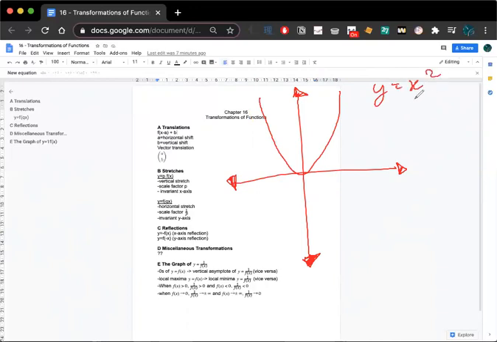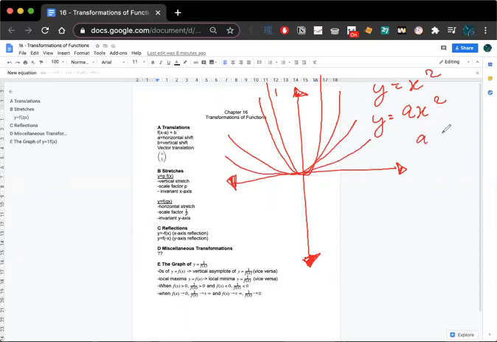If you multiply the function by a, so y equals ax squared, it would experience what you call a vertical stretch. This particular function would become narrower, depending on the value of a that you have. Or it can also become less steep if the value of a is less than 1.